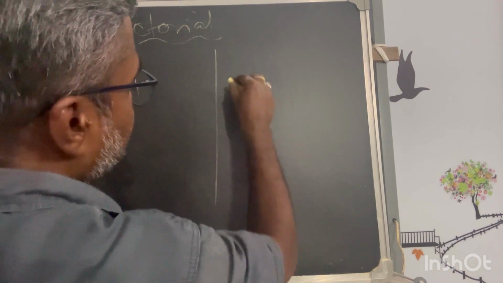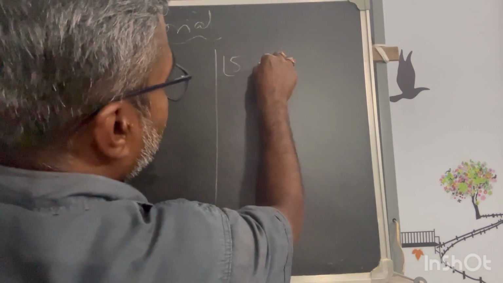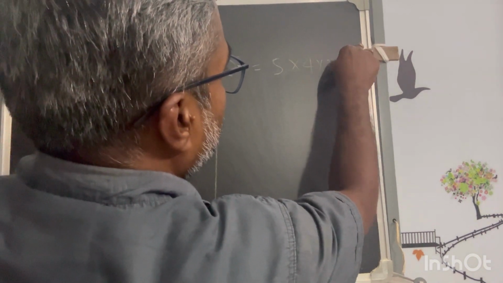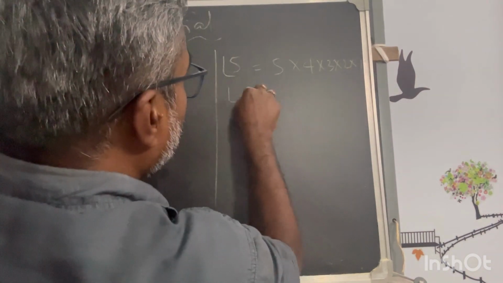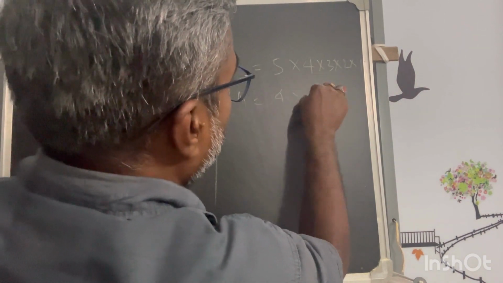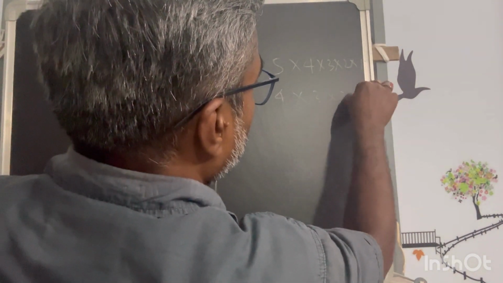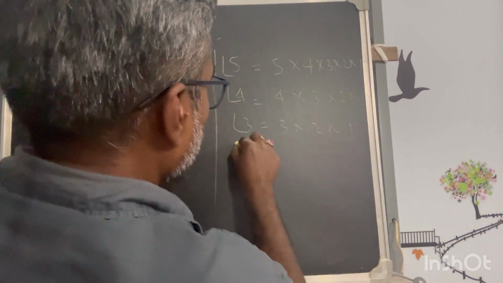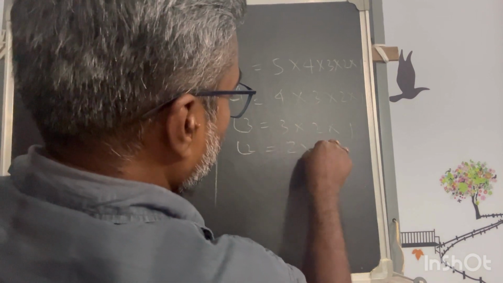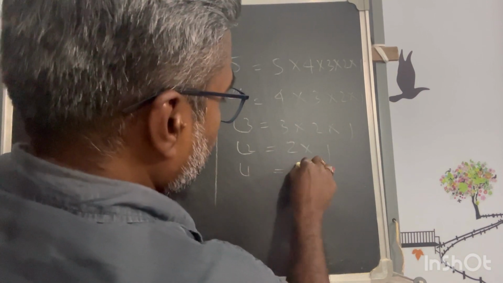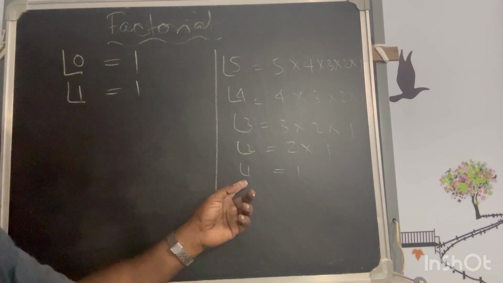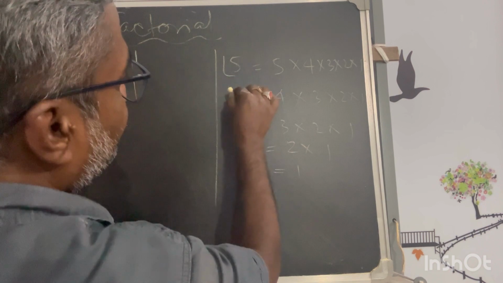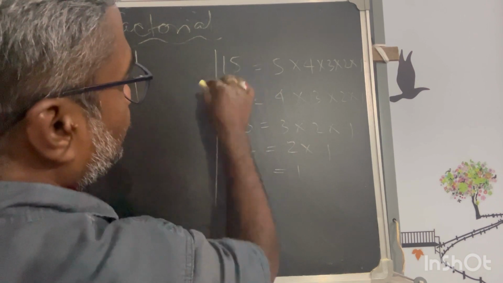How? For example, factorial 5 is 5 into 4 into 3 into 2 into 1. Factorial 4 is 4 into 3 into 2 into 1. Factorial 3 is 3 into 2 into 1. Factorial 2 is 2 into 1. Factorial 1 is 1, because we start from the natural number till 1. Now, how will I get factorial 4 from factorial 5?